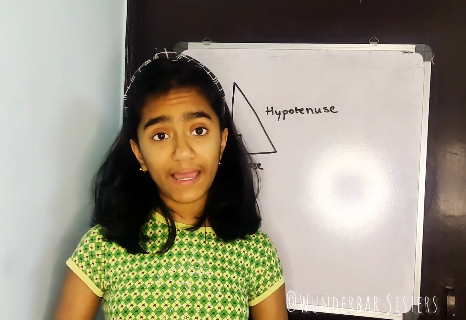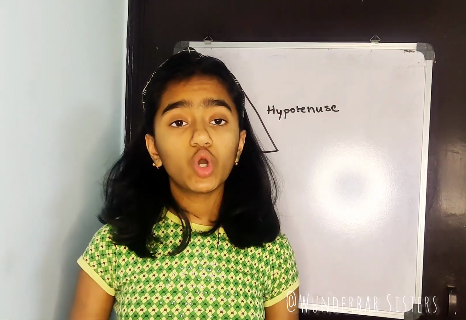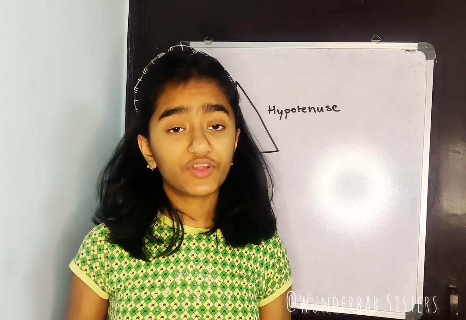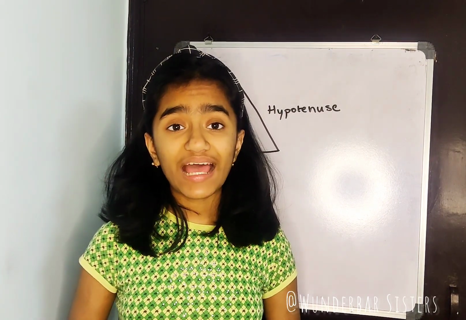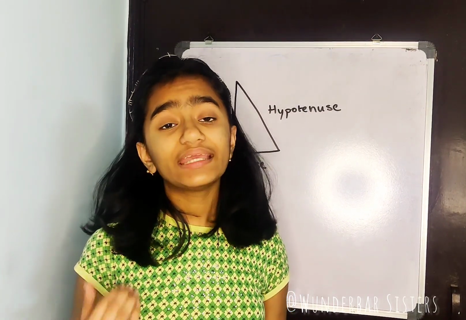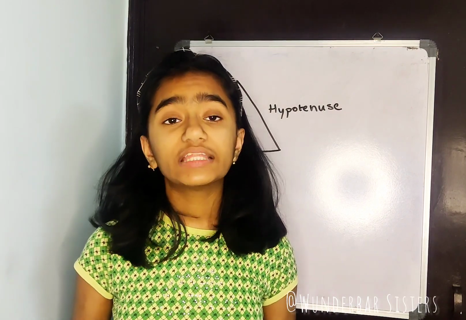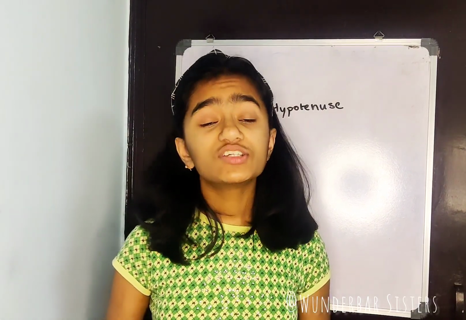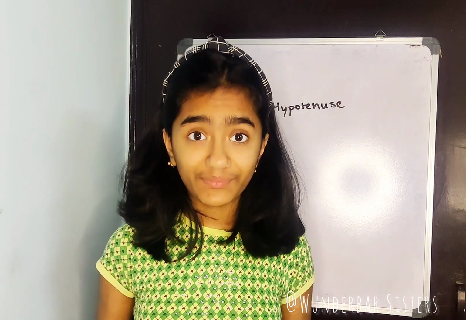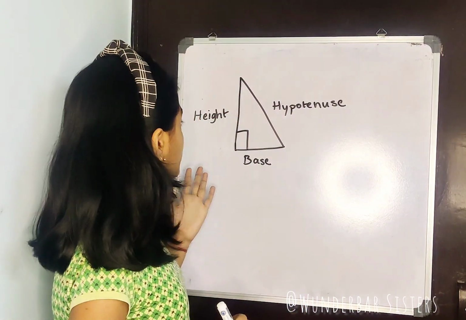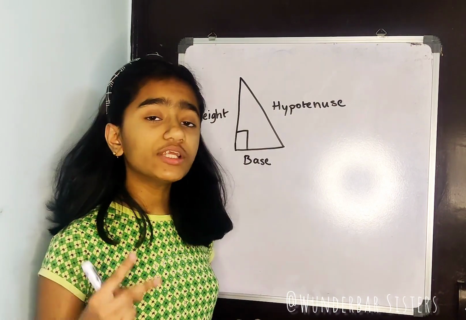There is a Greek mathematician who was also a philosopher. He was known as Pythagoras, and he discovered the Pythagoras theorem. With the help of that theorem, that formula, we are able to find any side of a triangle if the other two are given.